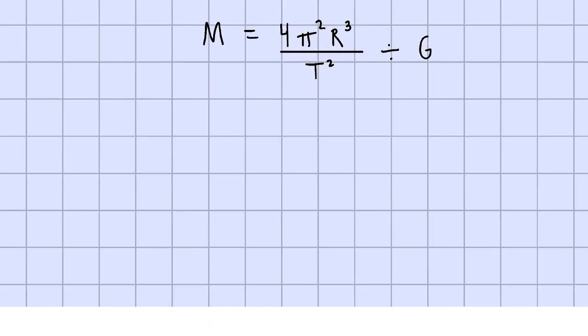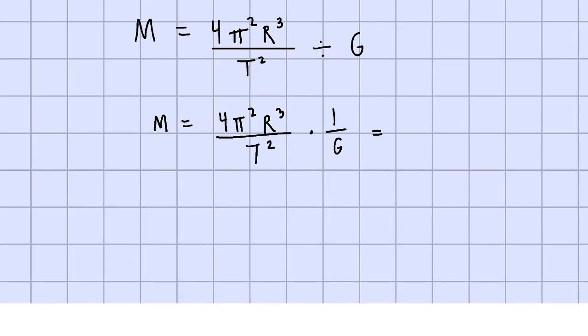I'll just do a new line of algebra here. So m equals 4 pi squared r cubed over t squared times 1 over g. And we get 4 pi squared r cubed all over t squared g.